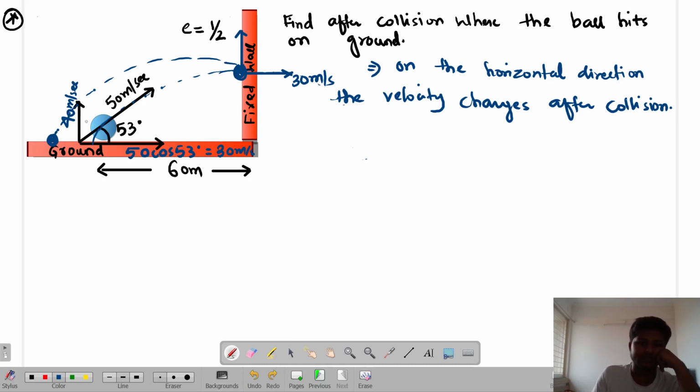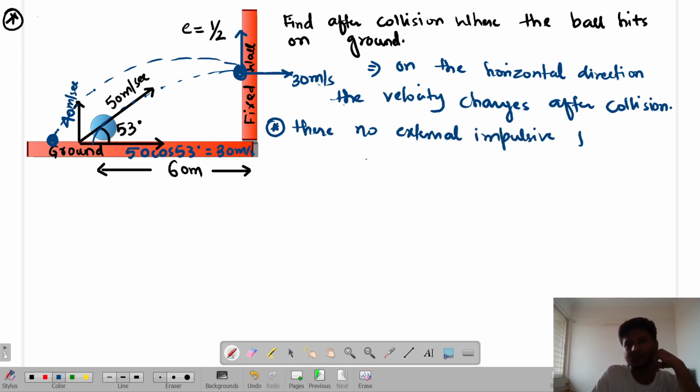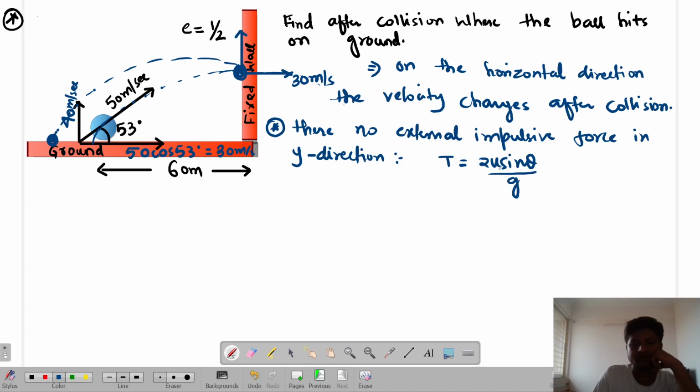So there is no external impulsive force in the y direction, and this is why our time of flight still remains the same, which is 2u sine theta upon g, whether you go back or front, whether it is extra range or not, symmetrical or asymmetrical. See, this is not symmetrical.